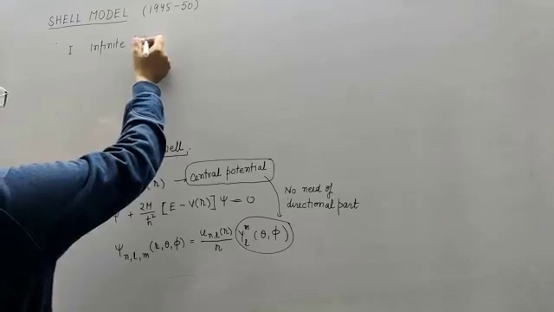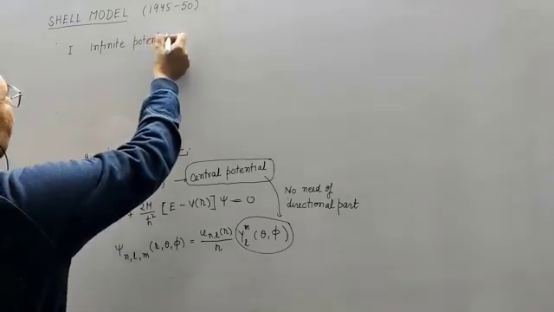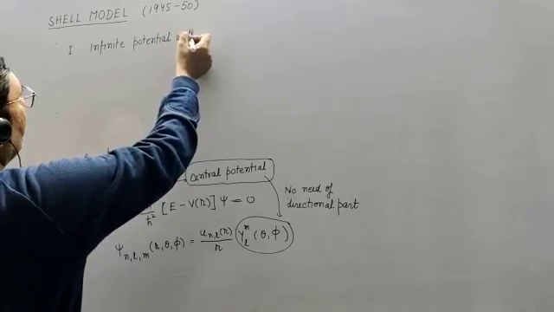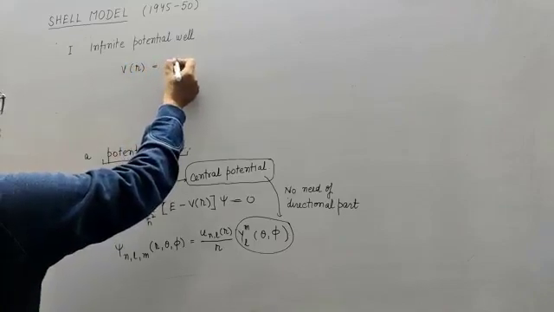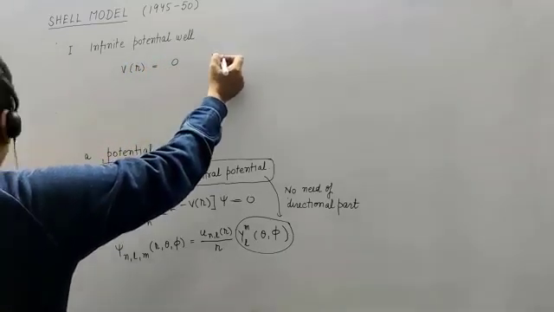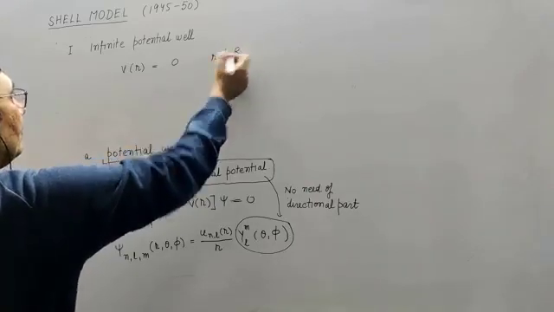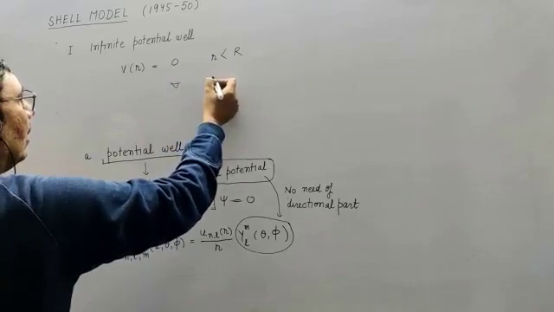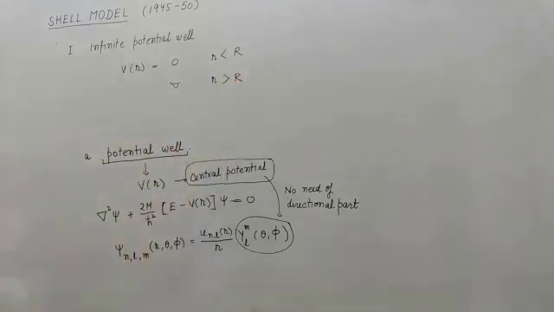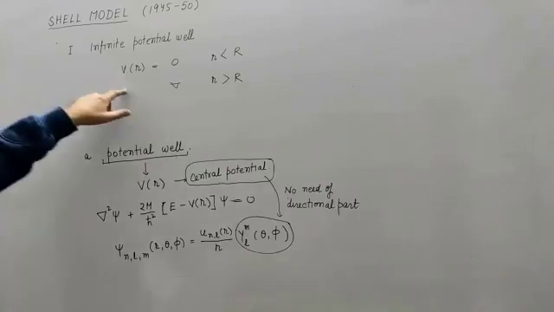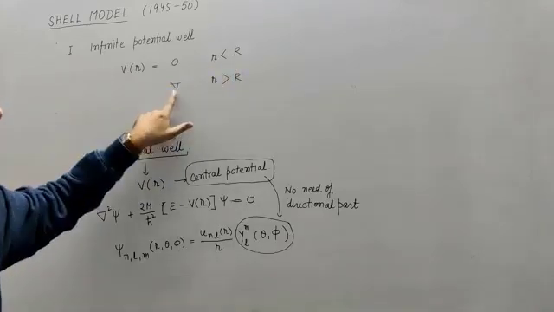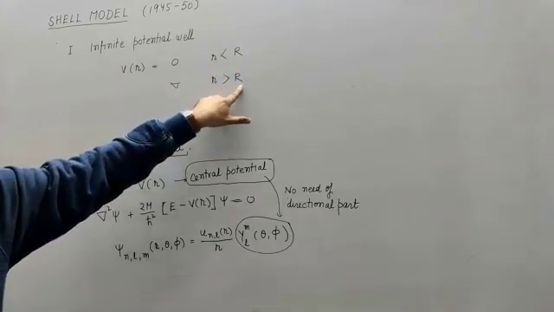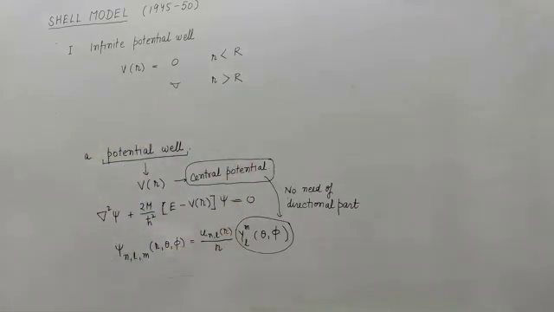Here V(r) was equal to 0 for r less than R, where R is the radius of the nuclei, and infinity for r greater than R. So they were considering infinitely sharp edges.